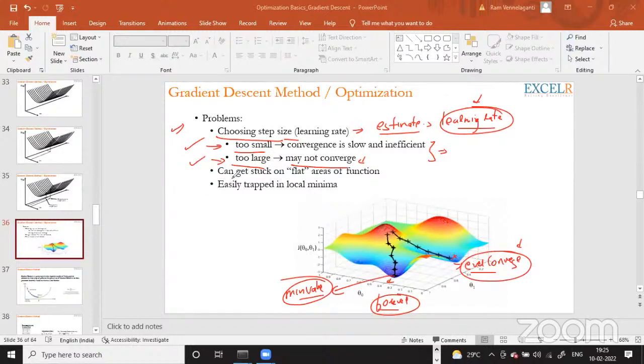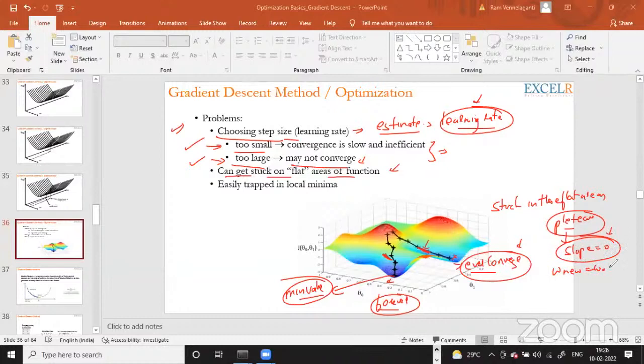Another challenge is that it can get stuck on the flat areas. Suppose you're starting from the top of your curve, there is a possibility that it can get stuck in these flat areas. What are these flat areas called? They are called plateau regions. What will happen in the plateau region? It will assume that the slope is 0, and then you will not be in a position to update your weights.